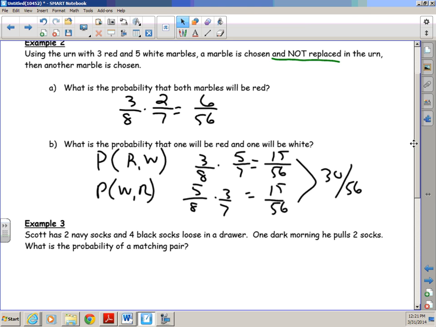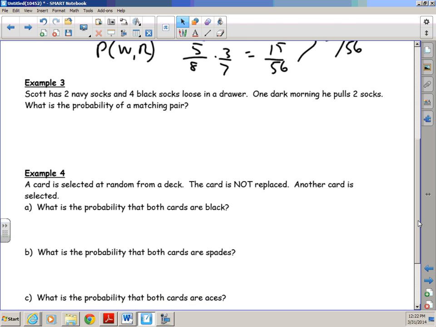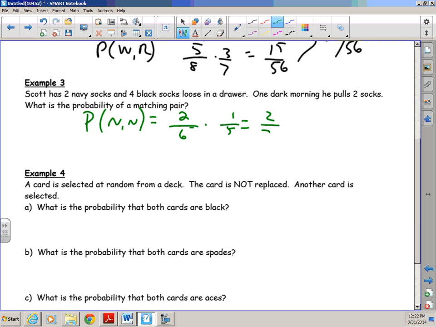Okay. All right, we have Scott with his 2 navy and 4 black socks. What's the probability that he pulls a matching pair if he pulls 2 of them? Well, what is it? He could have pulled navy, navy, which is 2/6, and then 1/5, which is 2/30.